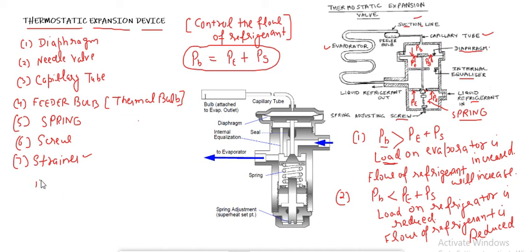Secondly, it is doing what? Clear? If somebody asks on which thing it operates, we will not say it operates upon the pressure or constant pressure. It is working upon the temperature of suction line.